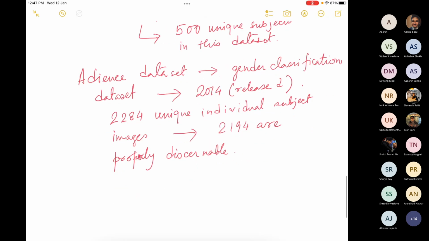Therefore, the authors went on with this number of unique individual images for their experiment.